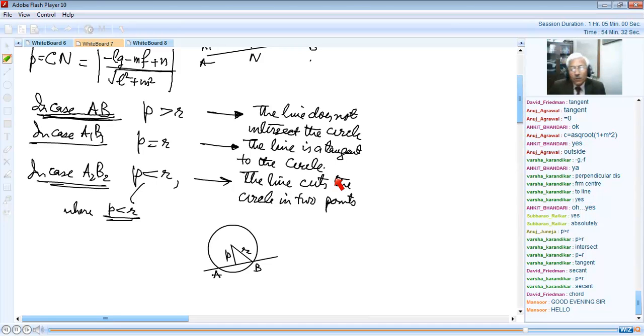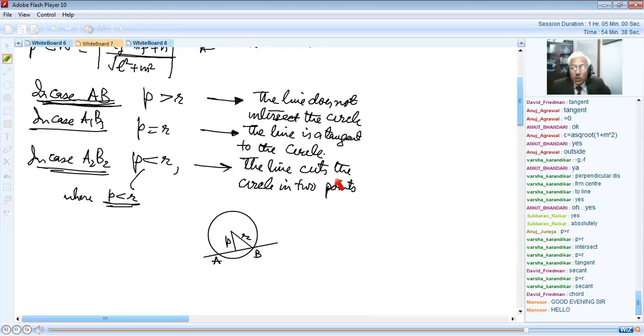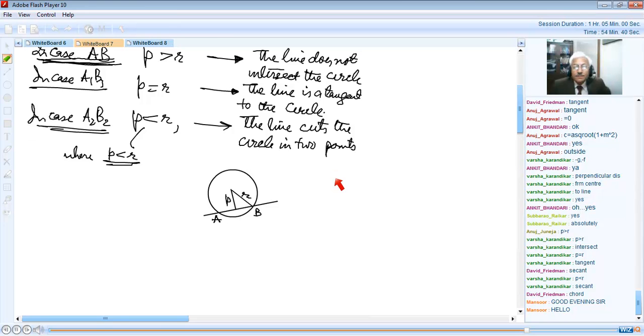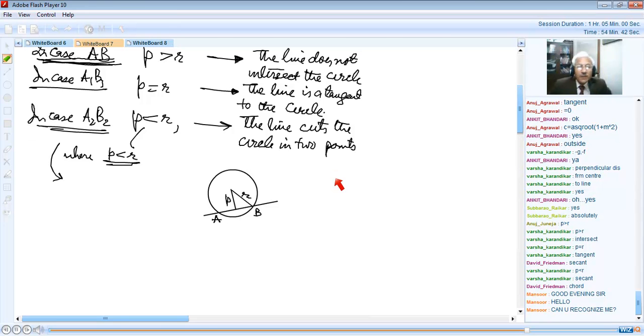Can you tell me what is the length of the chord in this special case? First attend to me now.